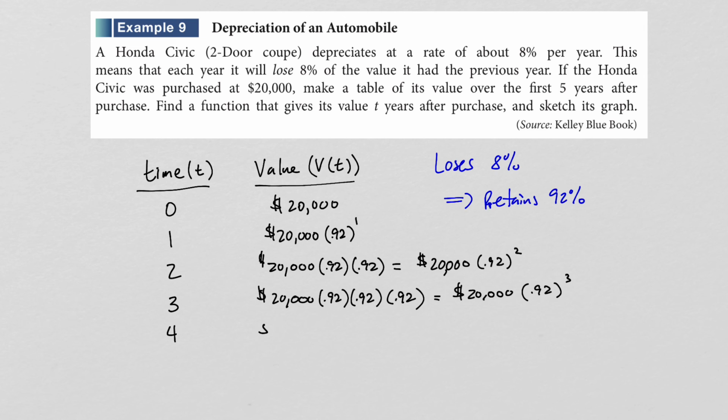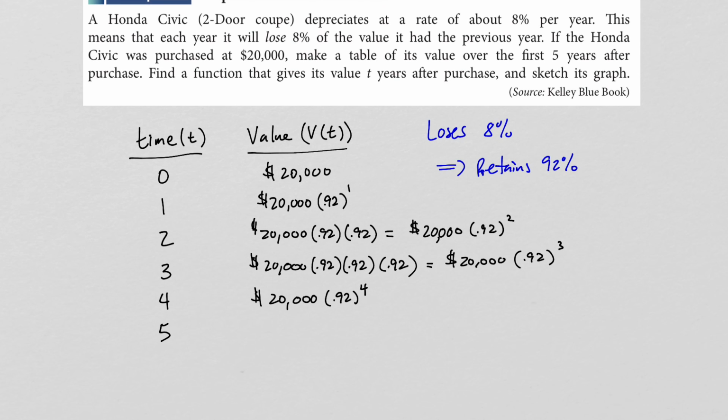So we kind of get the idea that after 4 years, we'll be multiplying by 0.92 to the 4th power, and after 5 years, by 0.92 to the 5th power. So what is its value going to be after t years? Well, the value v of t will be $20,000 multiplied by 0.92 to the t power.